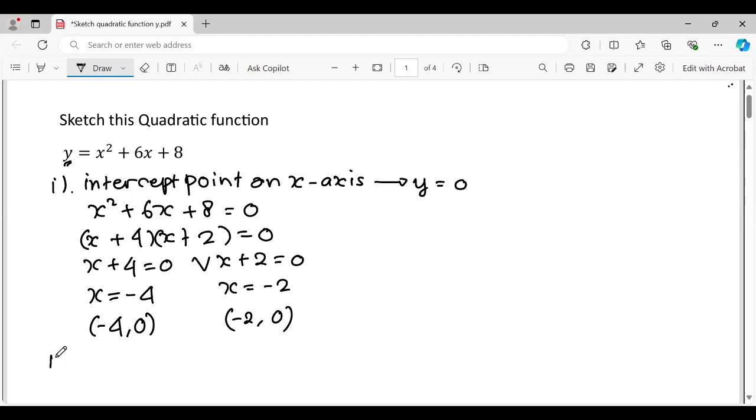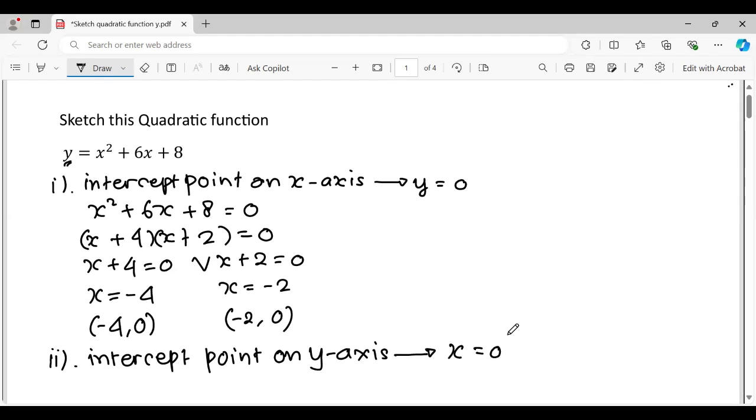The second step, we need to find the intercept point on the y-axis. The requirement is x should be 0.